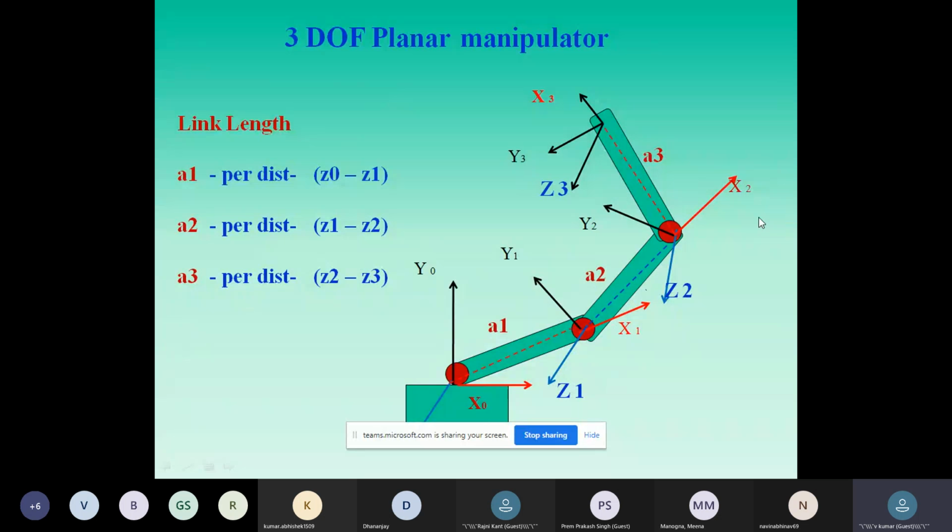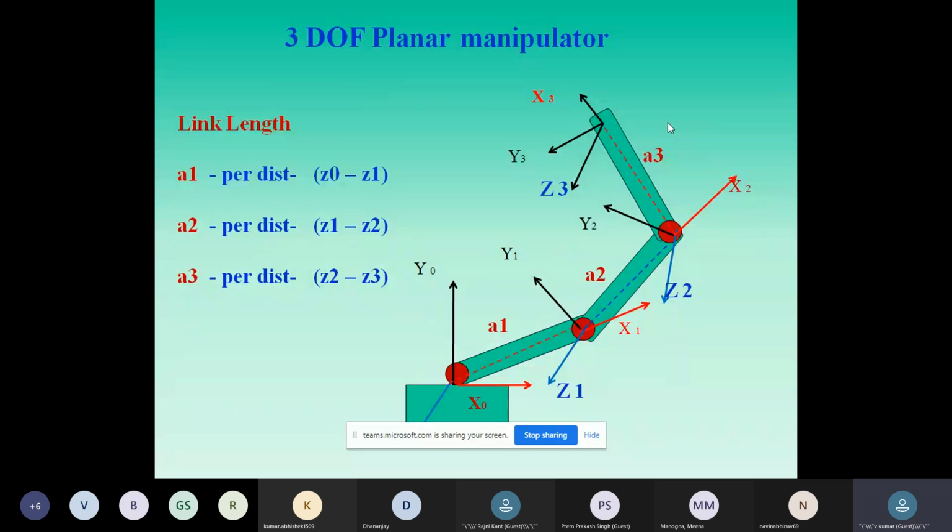A3 will be the perpendicular distance between Z2 and Z3, the dotted red line at link 3. It is just a simple perpendicular distance between Z1 and Z2, and between Z2 and Z3.